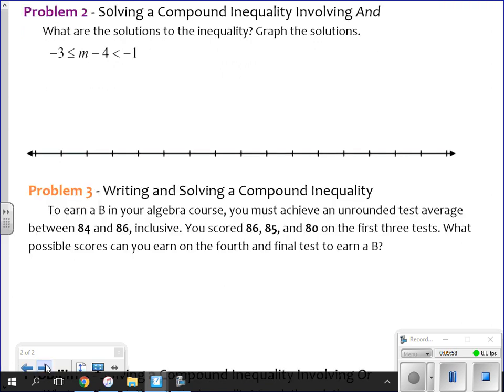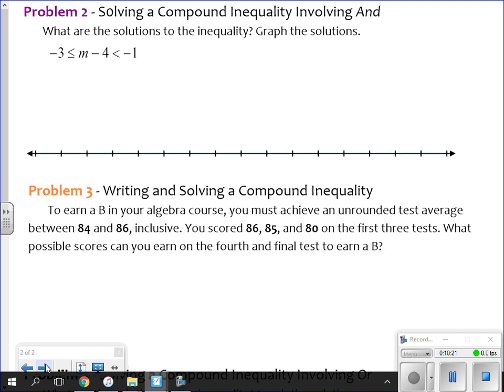Okay, so let's start solving some. This first problem is a compound inequality, and it is an and. Okay, so I need to solve this.